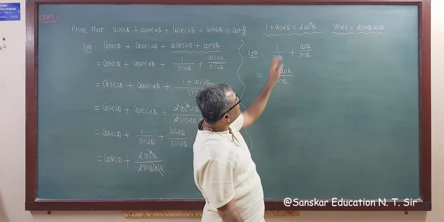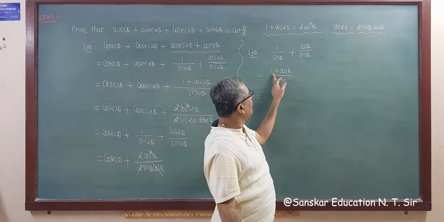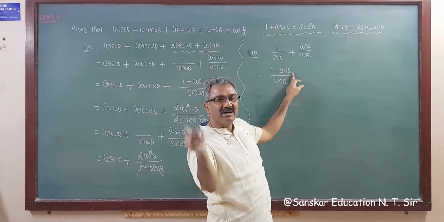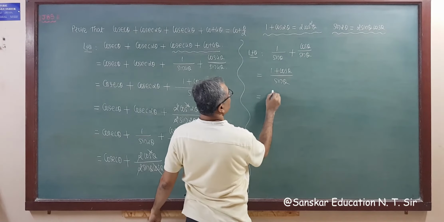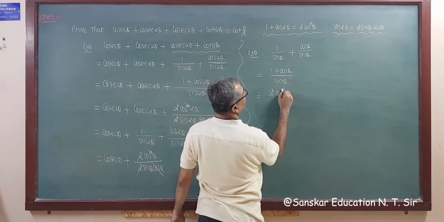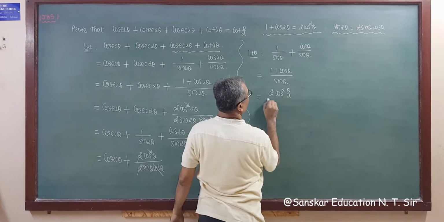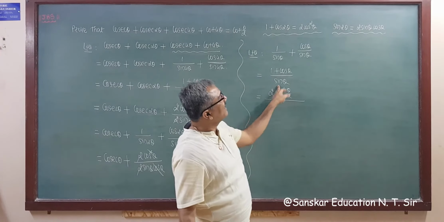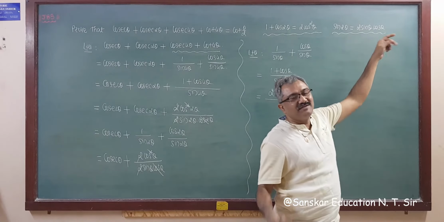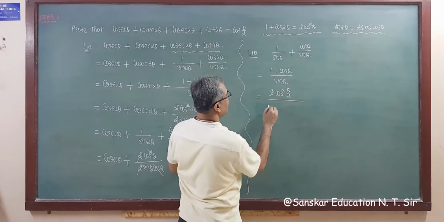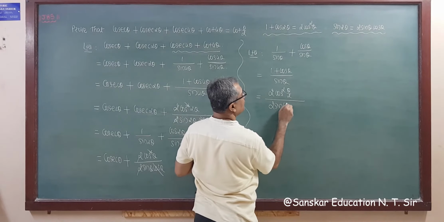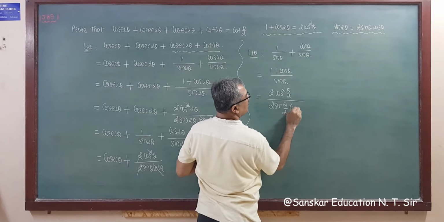So 1 plus cos 2 then becomes half. The 1 plus cos theta becomes cos square theta by 2. So this is 2 cos square theta by 2 whole upon sin theta, and 2 sin theta by 2 into cos theta by 2.